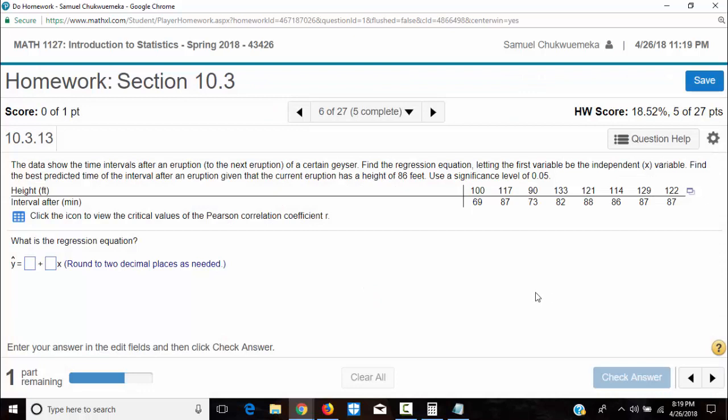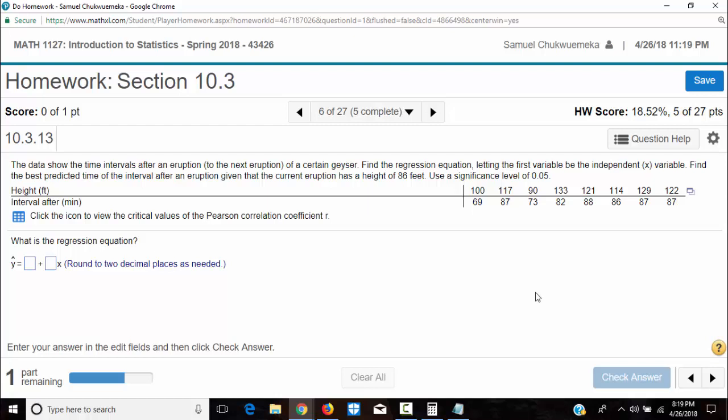Question 6. The data show the time intervals after an eruption to the next eruption of a certain geyser. Find the regression equation, letting the first variable be the independent or the x variable.